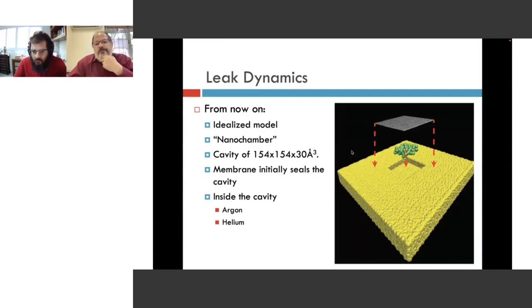This is from McEuen, from Cornell University. They used a silicon oxide substrate. They created a cavity, inserted some gas, and deposited a graphene membrane on top of it.